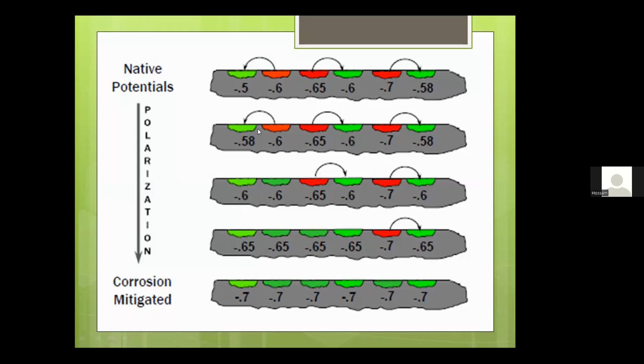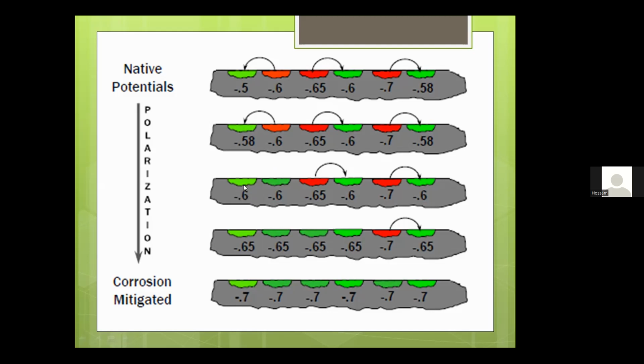Here, the potential difference between the anode and the cathodic sides gets smaller, but still exists. In the third line, as the polarization continues, the potential of the cathodic sides shifts again electronegatively to become minus 0.6.